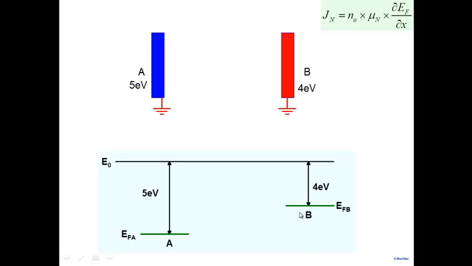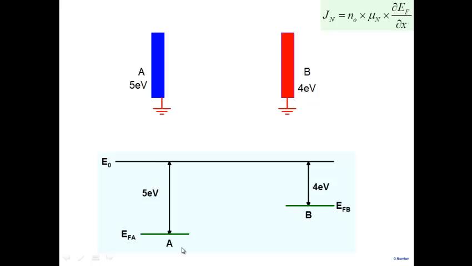So when you take these two metals, what this expression and the definition of Fermi energy as a chemical potential tell us is that when you connect them up, electrons will tend to flow from regions of higher Fermi energy to regions of lower Fermi energy. They start flowing from here to here. Once you connect them up, electrons will flow from here to here.